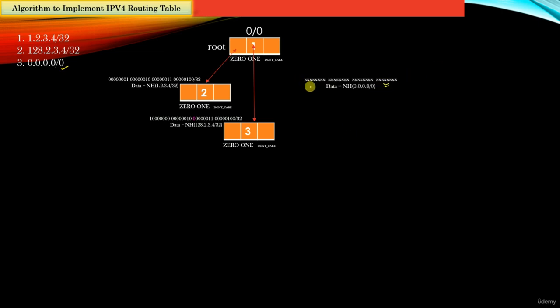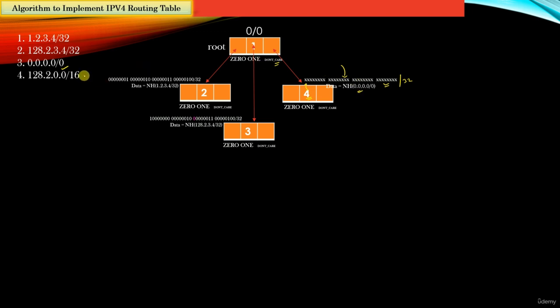So the first bit of this effective prefix is don't care. It simply means that you need to insert a new child node as the don't care child of the root node. For the node number 4, the effective prefix is the following, and the prefix len would be 32, of course, I missed it, and the data part will point to the next hop of this route. So far the things are pretty much easy and simple.